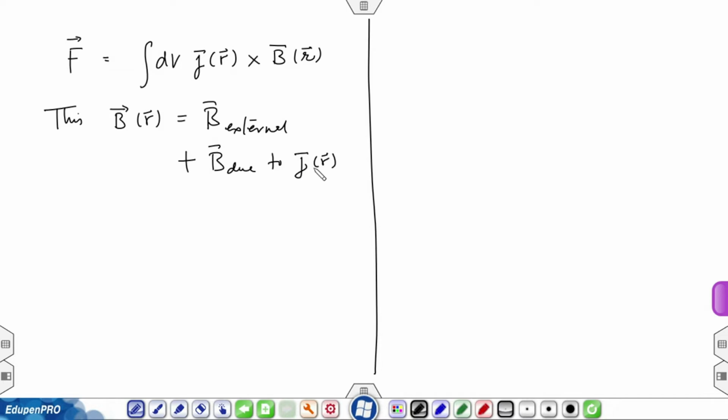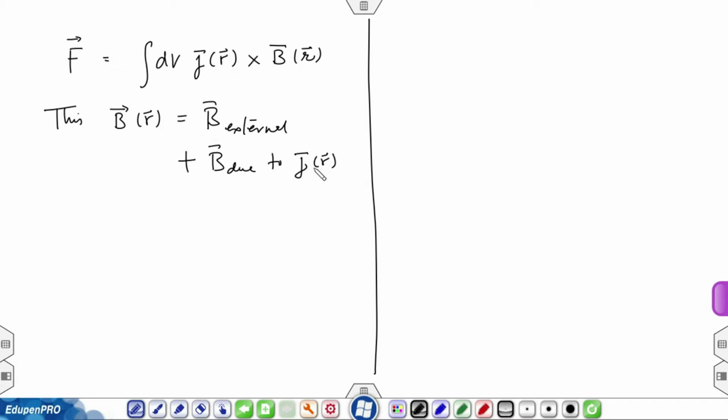So, this is the field due to j itself and the external field, everything. If we integrate over the entire j, the internal forces due to j on each other will cancel. So, this calculates everything.